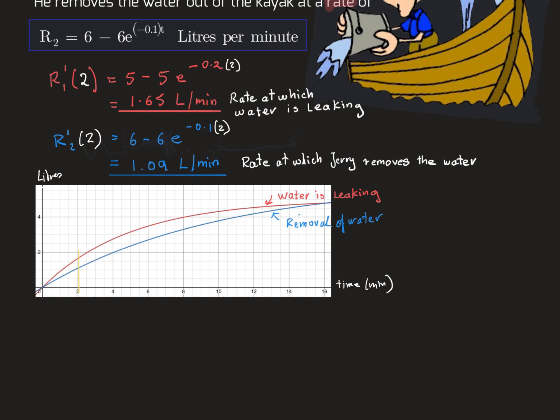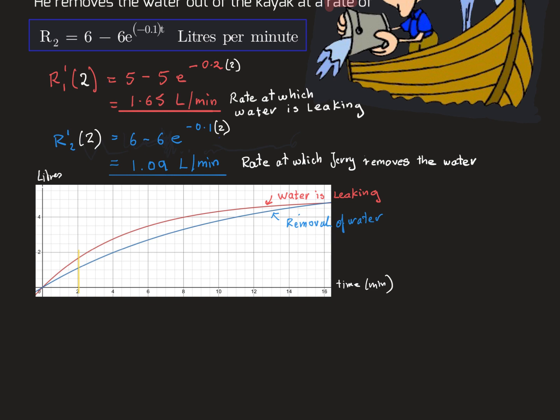And from this graph, we can see that somewhere around 16 minutes, Jerry will win the situation, and the amount of water leaking and the amount of water being removed will be the same. So the area under the curve will determine the amount of water in the boat or the amount of water that has been removed.